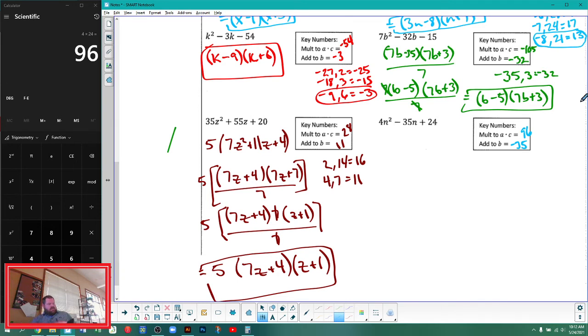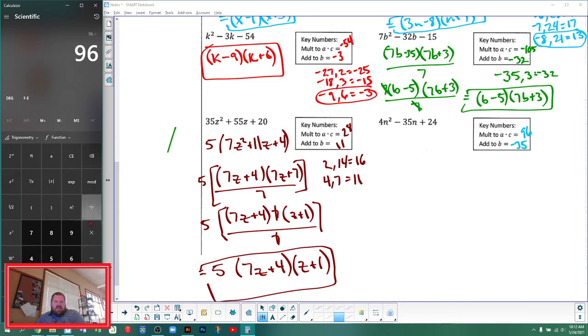It turns out that both my numbers need to be negative, right? Because a negative times a negative is going to give me a positive, and is going to add up to give me a negative. So I need 96. I guess I had it already. It's a multiple of 2.